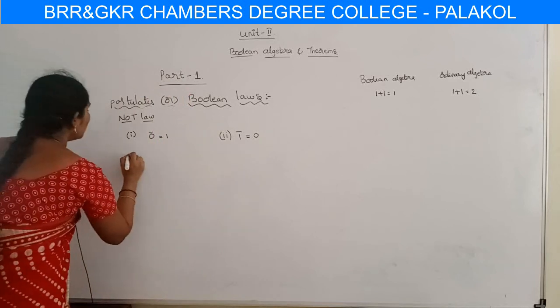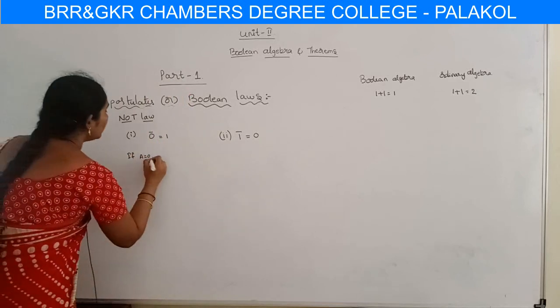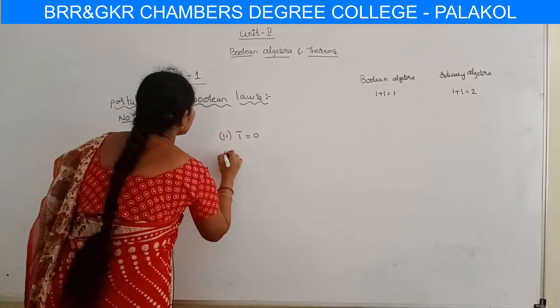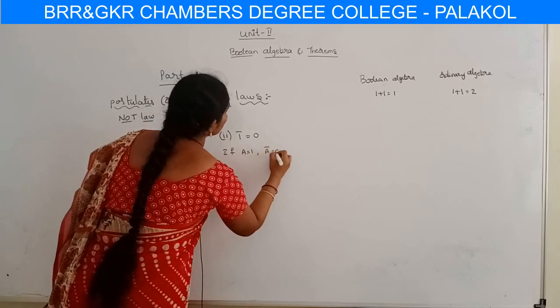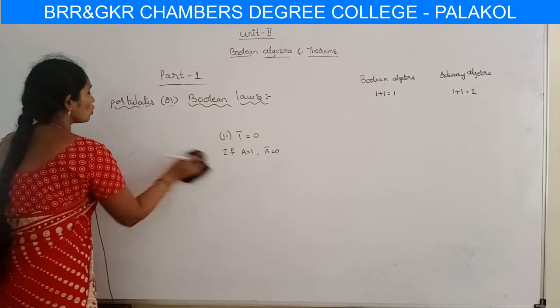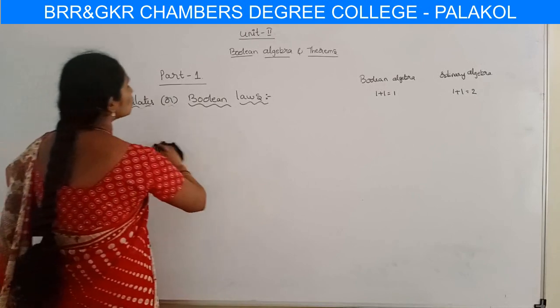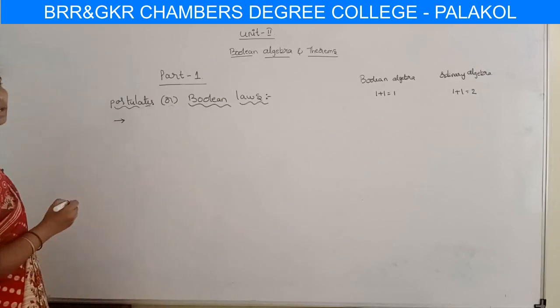So for example, if A is equal to 0, then A bar is equal to 1, and if A is equal to 1, then A bar is equal to 0. So these two are the NOT laws. And the other laws are the same as in ordinary algebra. Those laws are, the first one is the associative law.